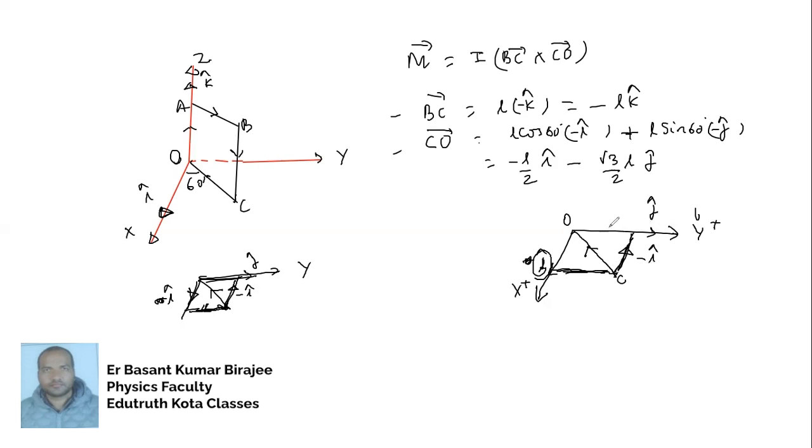Similarly, you have the unit vector j cap in this direction, which means its y component will have the unit vector minus j cap. Is it clear or not? This direction thing. Good.